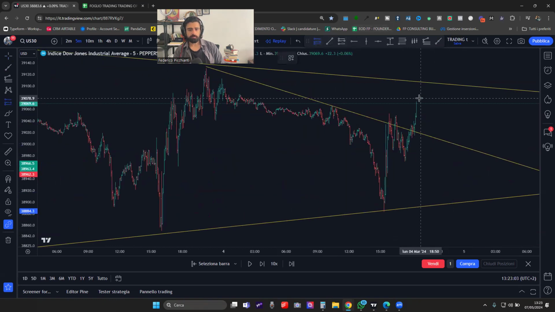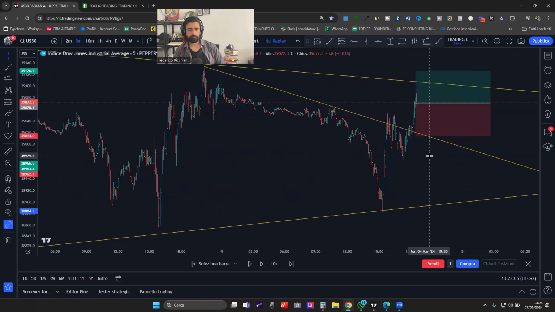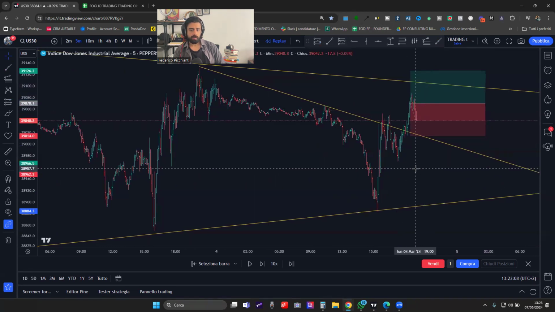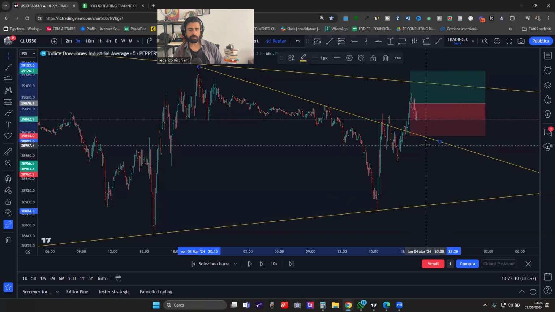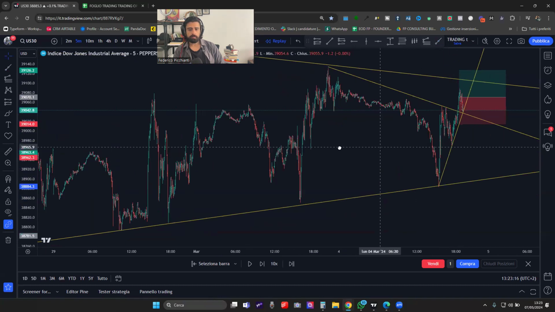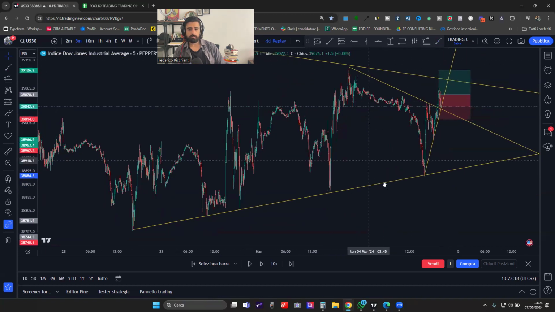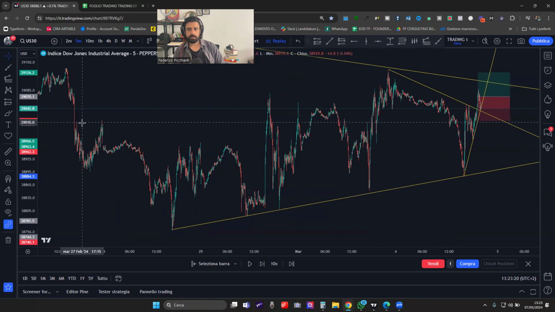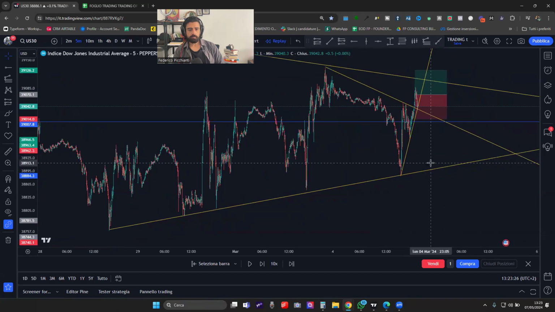Yeah, it's breaking through. So I'll go long. I watch the price. The plan is to probably buy a little bit more if it goes down here. Not closing it to break even and buy a little bit more down here.